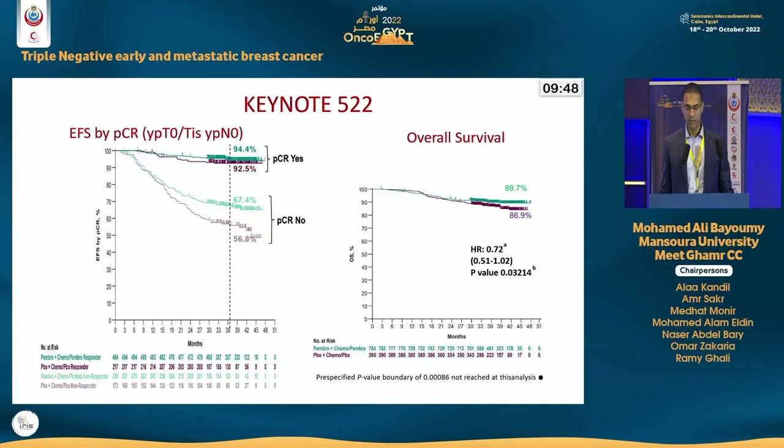So now we have the upper two curves more or less similar to each other on achieving the pCR, but the addition of IO is reflected with a better improvement in overall survival, either in the patients who achieved the pCR or not. So totally, I can find that adding IO to the neoadjuvant chemo can improve event-free survival and overall survival significantly.